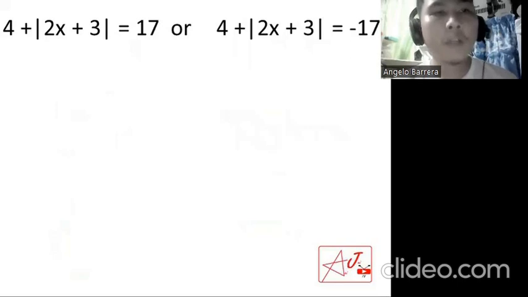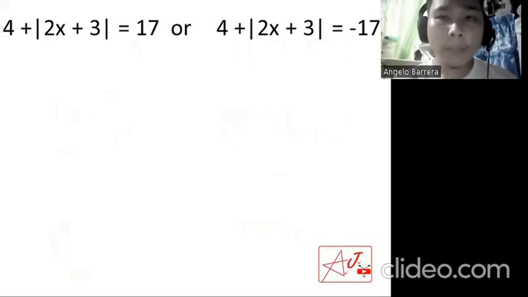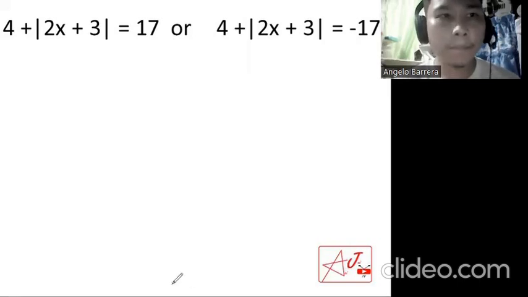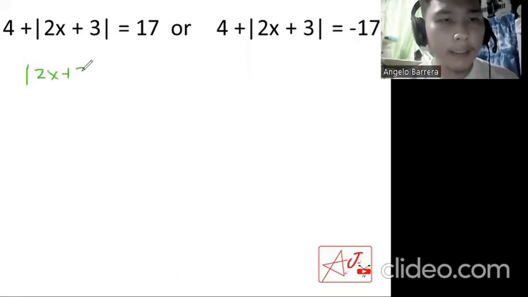Let's say we have 4 plus the absolute value of 2x plus 3, which is equal to 17. And then, syempre, kung may positive 17, may negative 17 tayo. So, just like the previous example, so ang kaibahan lamang, ito ay naging addition instead of multiplication. So, ganun pa rin ang gagawin natin. So, may iwan si absolute value of 2x plus 3 dito sa kabilang side.